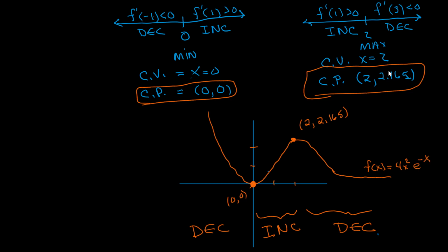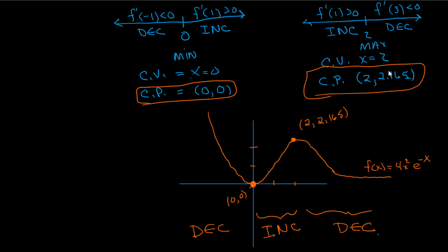Your graph doesn't have to be absolutely perfect. Your graph does need to look similar to what you would expect the graph to look like. And your graph must have your critical points labeled. So be sure that when you're working on these, you get into practice of always labeling your critical points, because there's no way you can read these numbers by just looking at the graph.